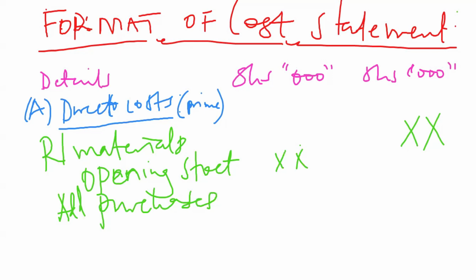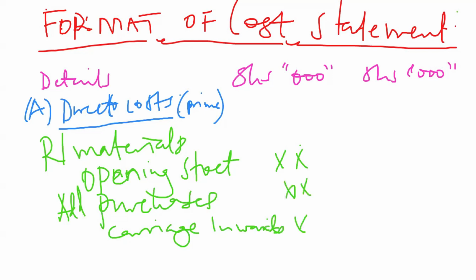So this value, we may wait to put it there, but just know the final figure is going the other side. So then on this one, we have carriage. Carriage inwards is like transport. You are transporting the raw materials. The cost we incur for transporting raw materials, we add it.